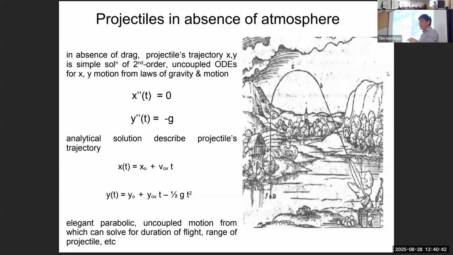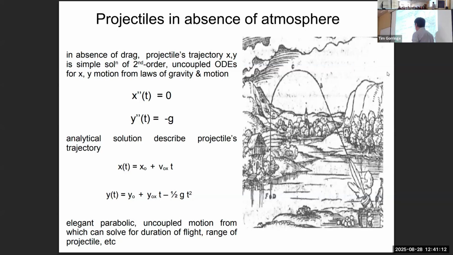More formally, the solution of projectile motion, which is motion under gravity, obeying the laws of motion, is described by coupled second order differential equations describing the horizontal and vertical motion that are built out of the law of gravity and the laws of motion. I wrote down these two second order differential equations here for the horizontal and the vertical motion.